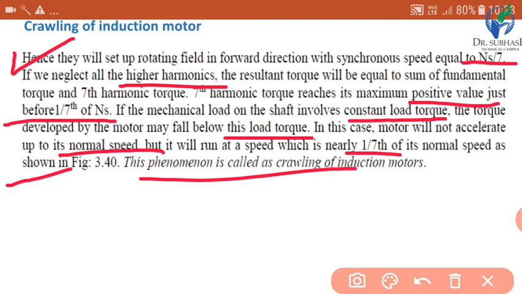The motor will not accelerate up to its normal speed, but it will run at a reduced speed, and this reduced speed will be 1/7th of the synchronous speed. So this is the criterion, and this phenomenon is known as crawling of an induction motor.